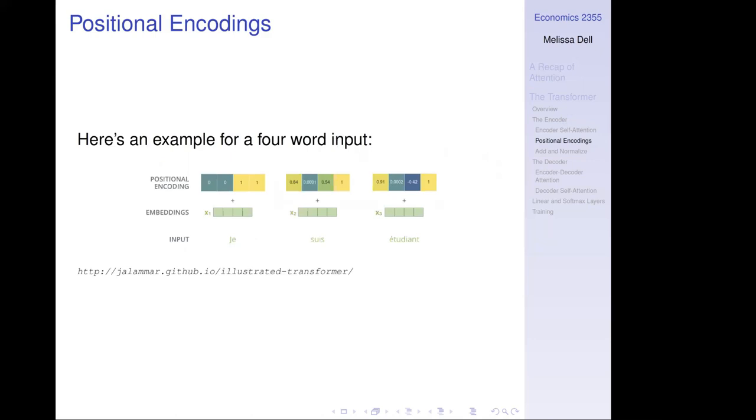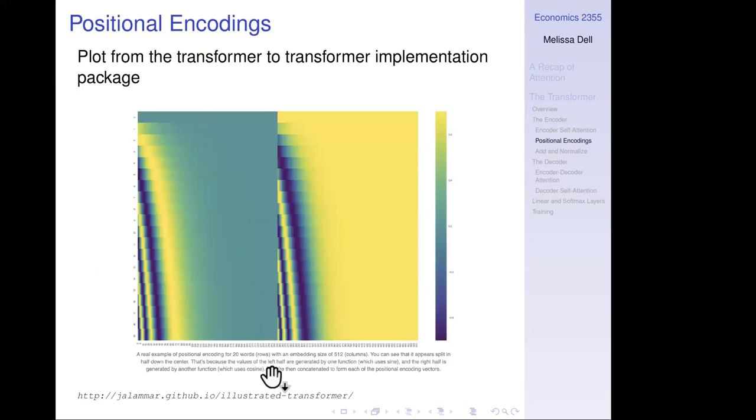And so this is an example, say we have this input, and we're adding this positional encoding to each of the word embeddings. And this is a plot of what the positional encodings look like. So this is from a transformer implementation package.